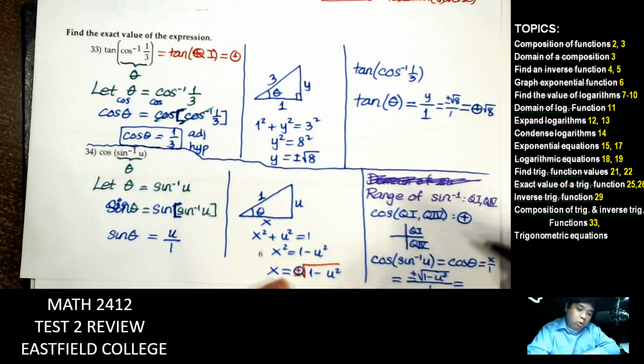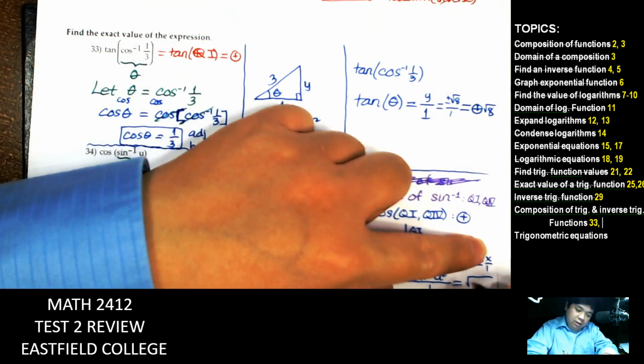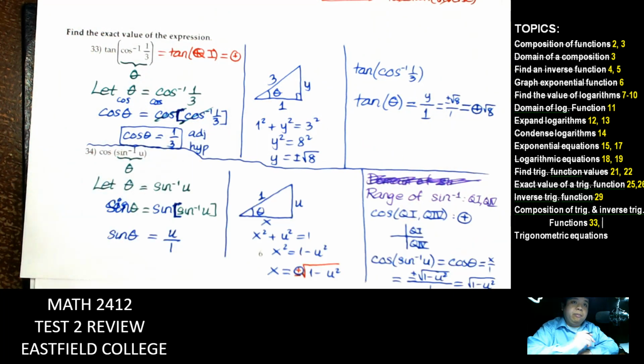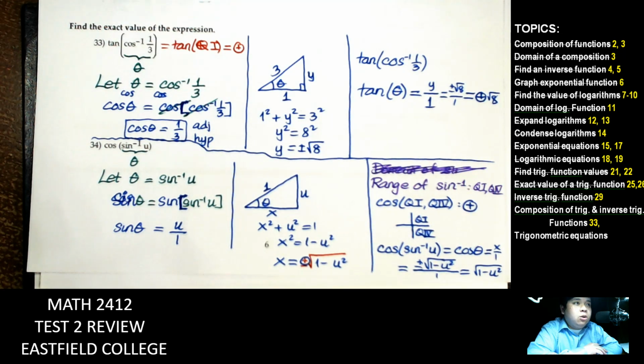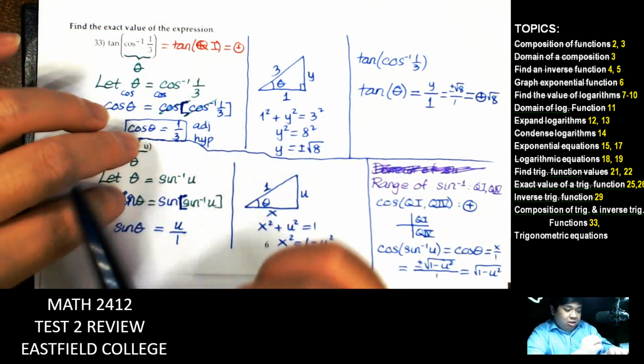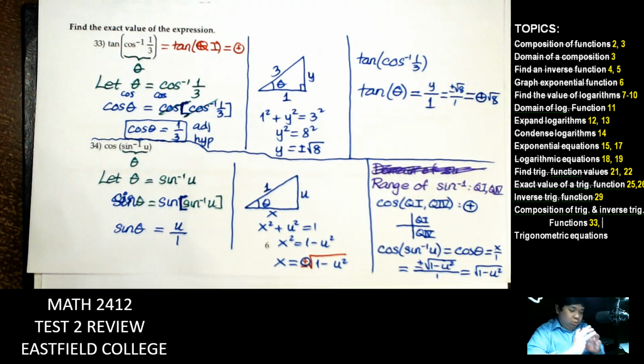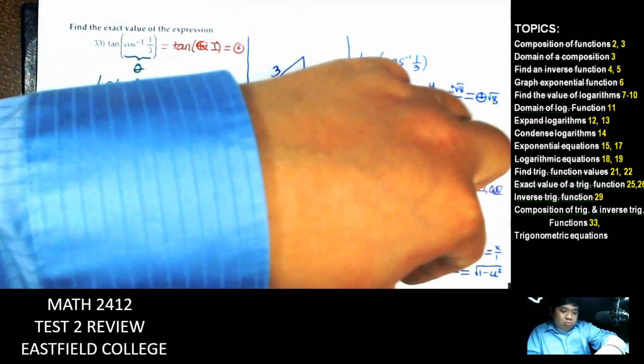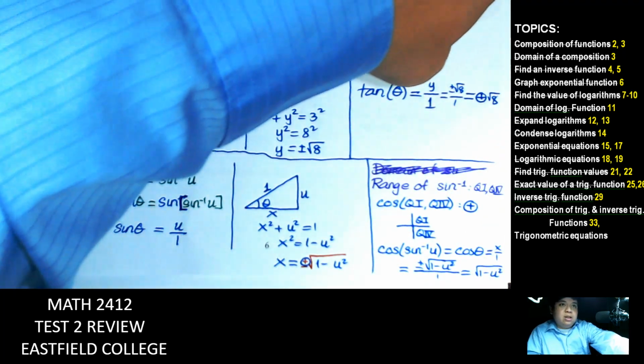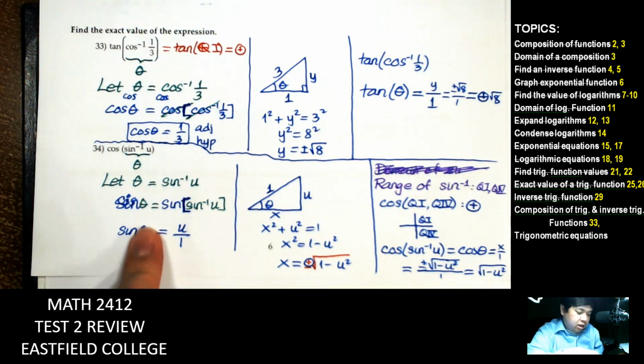And of course, since the whole thing is positive, we choose positive here. So pretty much that. So just determine what is the range of the inside, and then we know the sign of the whole thing. Usually, in this case, it's positive, but that's how we do it.